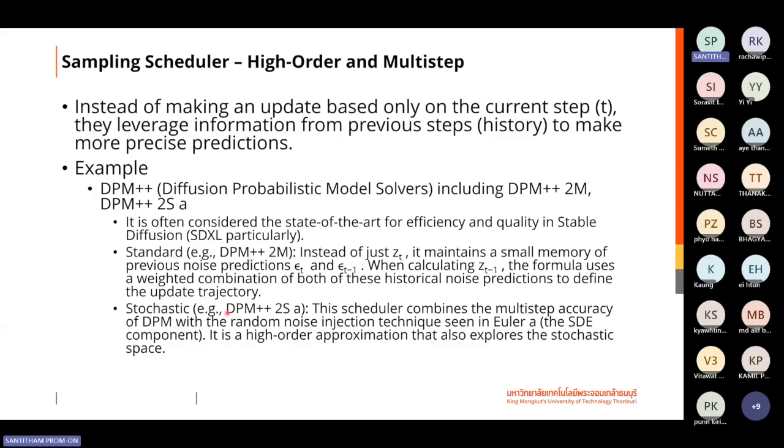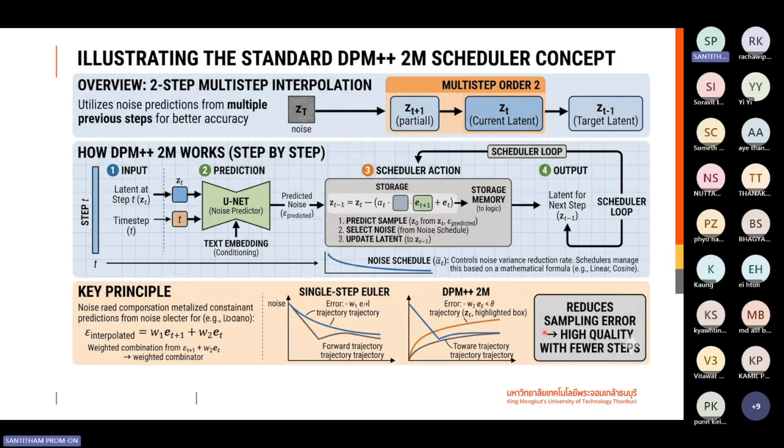For the stochastic one, there is an "a" here as well, so it adds randomness, as in Euler A. All right. So this is the part where you calculate x_{t-1} from x_t. And then you also have the error from the previous step, the memory as well, to help it in terms of learning.